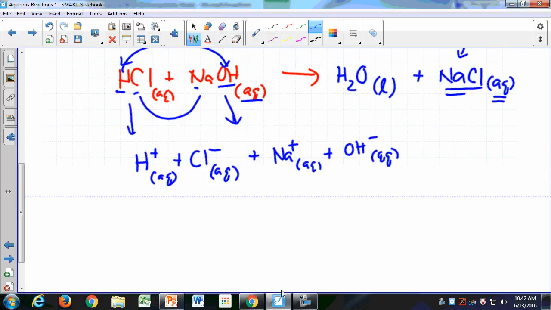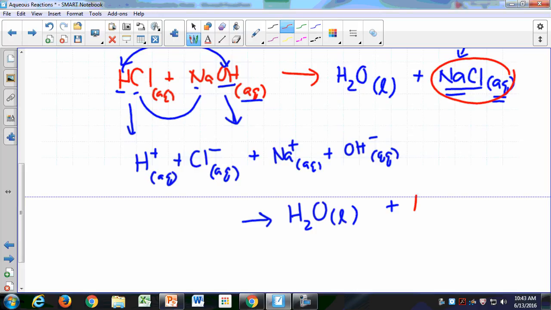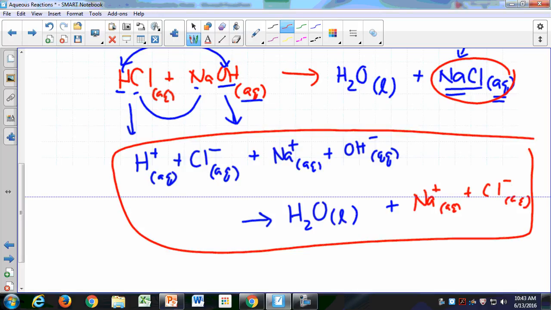And my products would be H2O liquid. I don't do anything extra with that because that's a molecular compound. It's a non-electrolyte. It's part of the solvent, so H2O liquid. But sodium chloride, I know, is a strong electrolyte, so I have to write that as Na plus aqueous plus chloride aqueous. Okay, so this is what you would call your ionic equation.